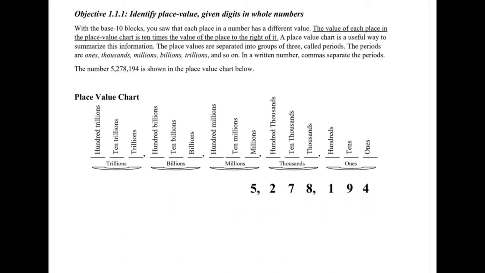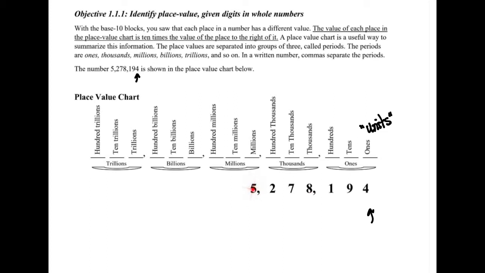So we start with the 4 here on the very end, and we put it in the ones place. You'll hear it called the units place sometimes too. Okay, so it goes in the ones place, and then you put one number in each column all the way across until you get your number done.